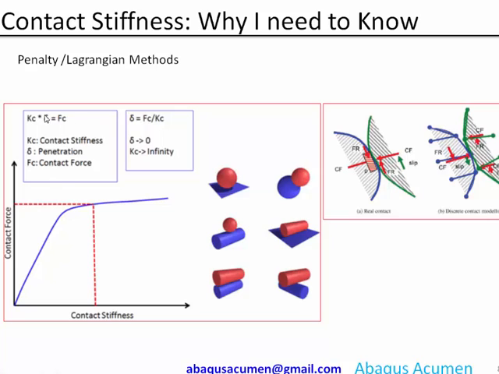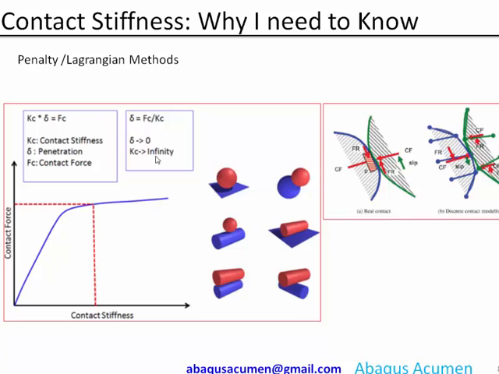Ideally we want zero penetration. That means if I want this term to be 0, my contact stiffness should be infinity. So if my penetration tends to 0, my contact stiffness becomes infinity. But with an infinite contact stiffness, numerically no solver can solve this problem.